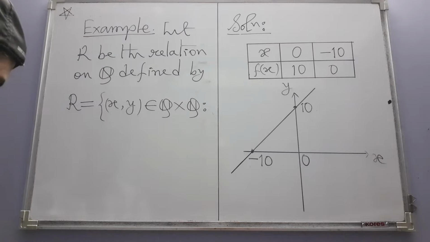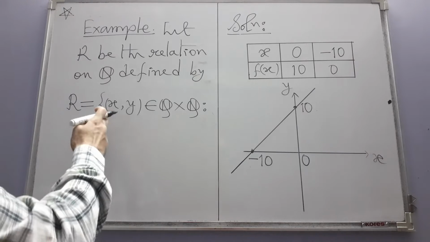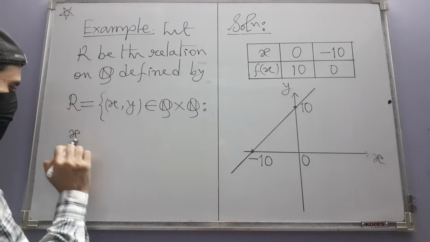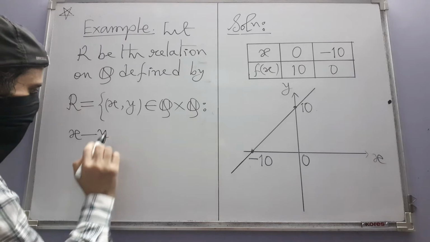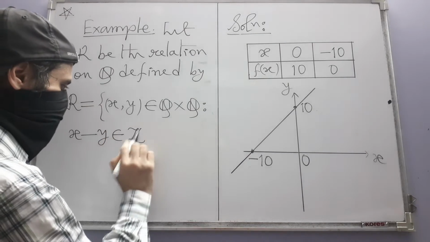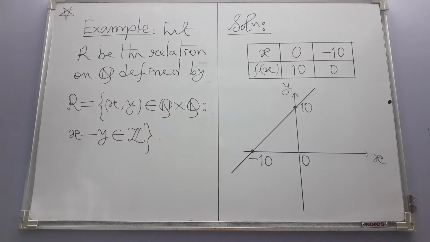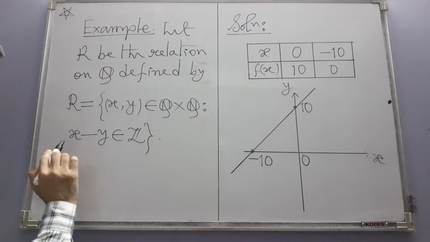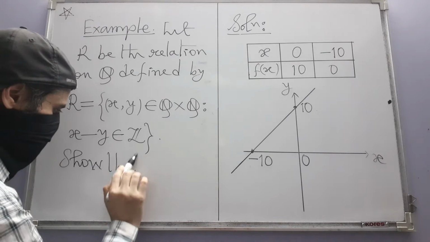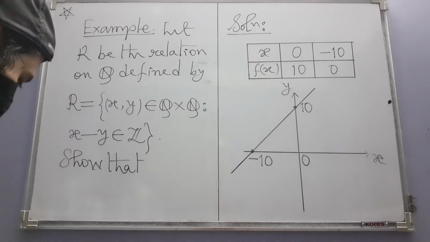Oh, so in the book they have taken a comma b. It does not matter. I can write x comma y such that the difference of these two rational numbers is an integer. Show that we have to show three things.